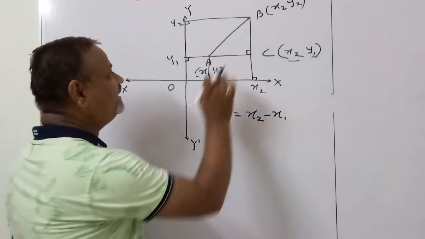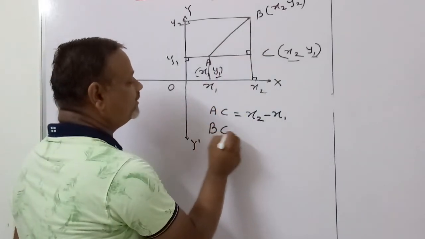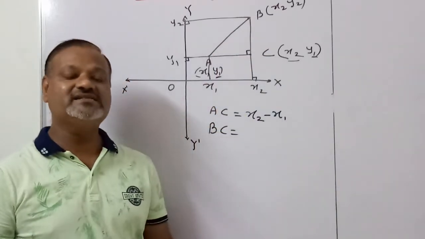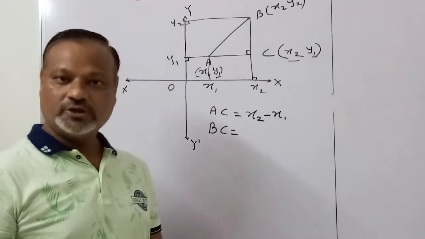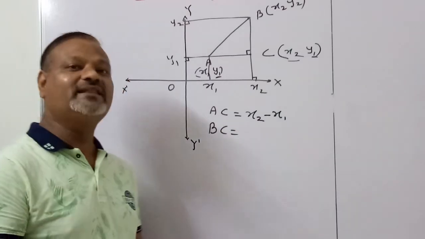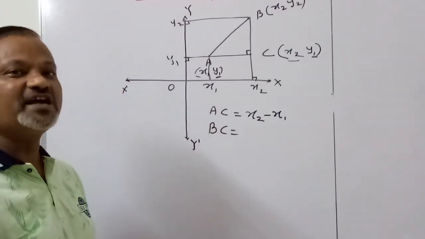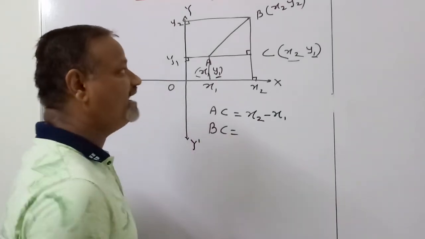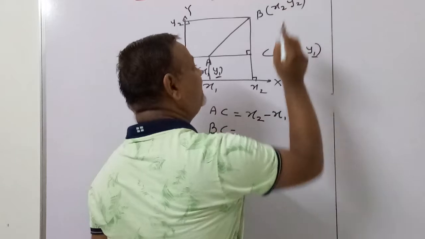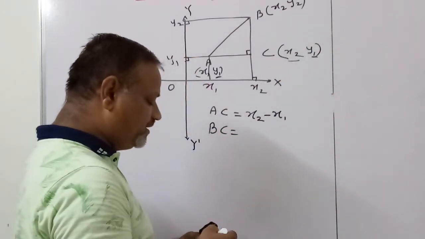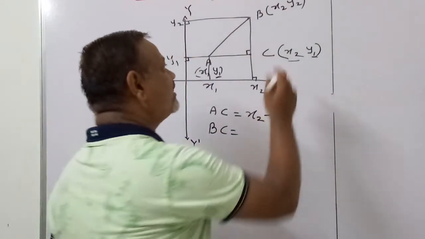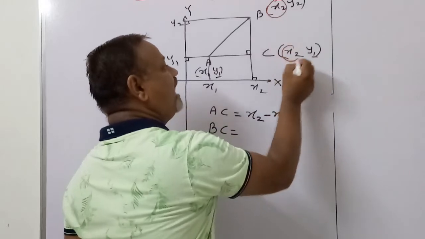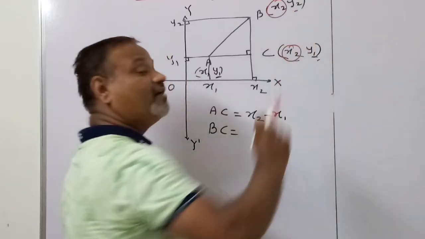अब हम निकालेंगे BC का वैल्यू. सो BC इज नथिंग बट द डिस्टेंस बिटवीन B एंड C. तो B और C का डिस्टेंस फाइंड आउट करना है तो दोनों के कोऑर्डिनेट हम चेक करेंगे. देन व्हाट वी अंडरस्टूड हियर, इट्स x कोऑर्डिनेट इज सेम and the y coordinate is different. Why?